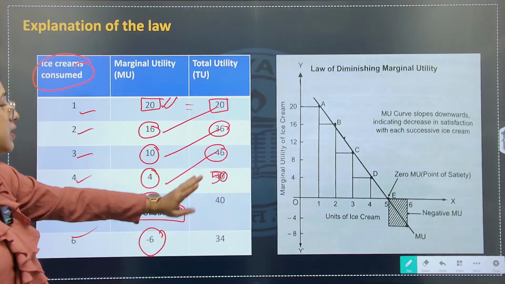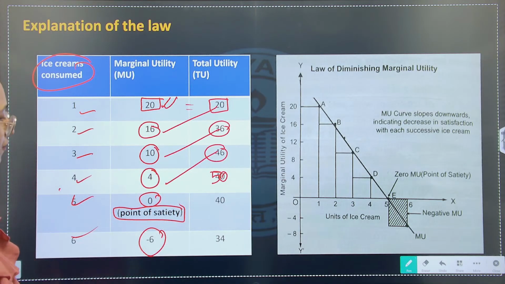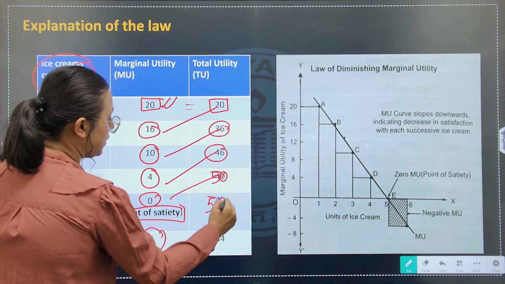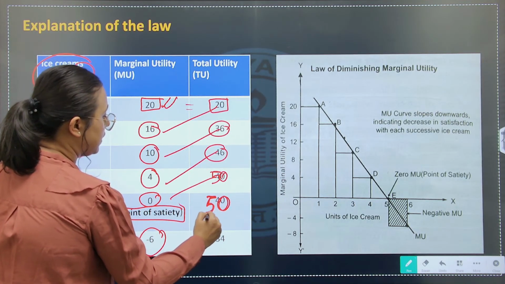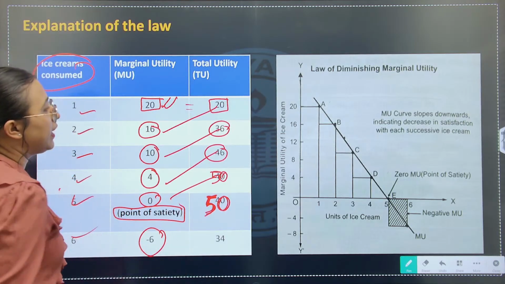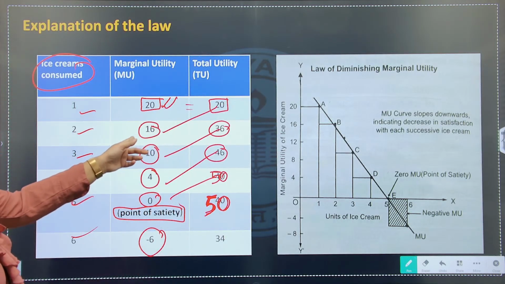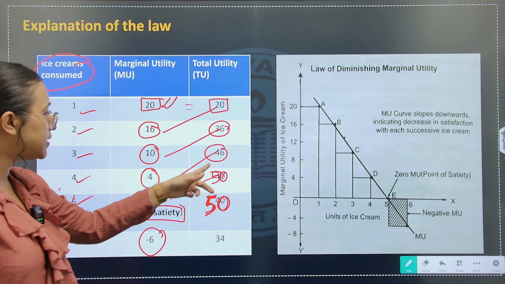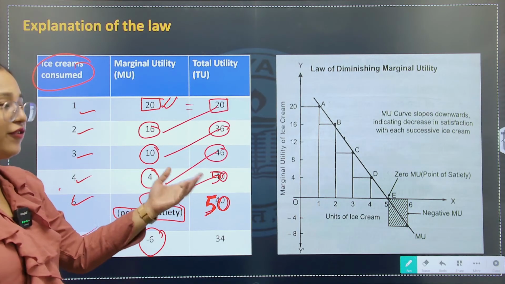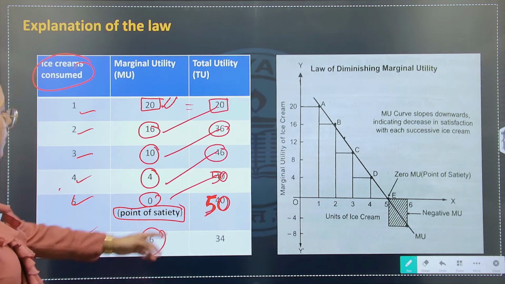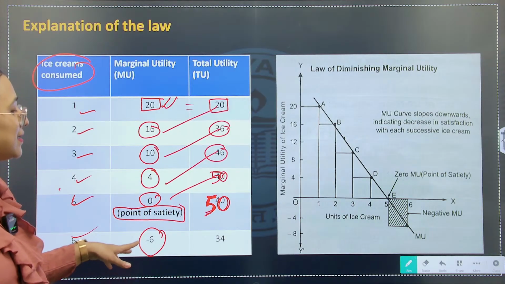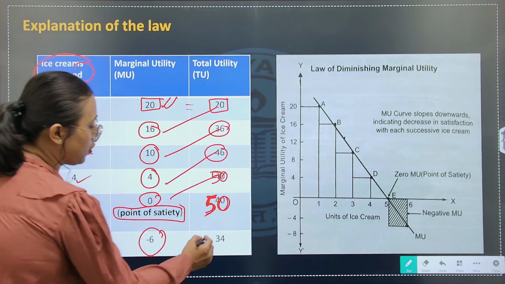The total utility will be 46 plus 4, 50, and here it will remain 50, because 50 plus 0 is 50. Right? 20 plus 16 is 36, plus 10 is 46, plus 4 is 50, plus 0 is 50, minus 6 it will be 44.